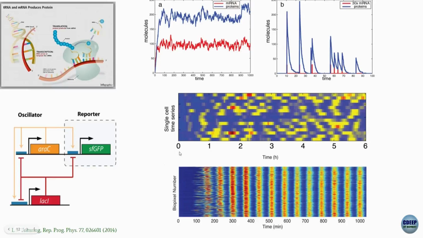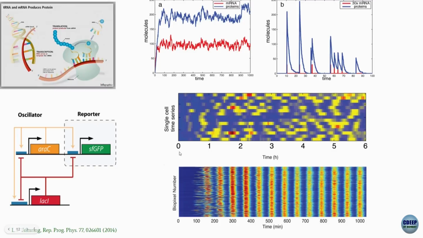Now you could ask, well, here I have this protein production. I have my genetic sequence. My genetic sequence is read to produce amino acids, and these amino acids fold to form proteins. Is this protein production happening continuously?